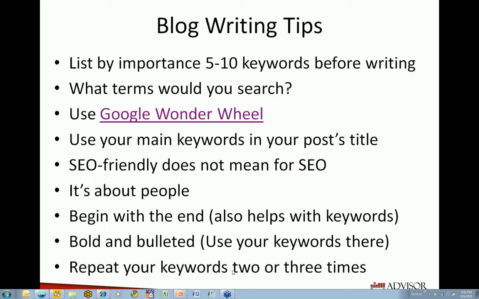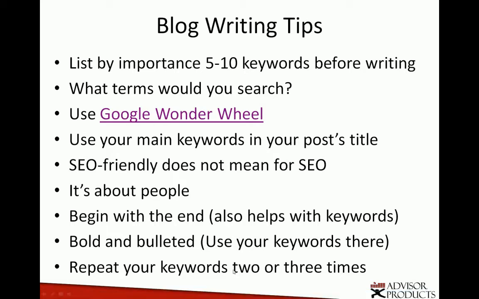And you want to repeat each of the keywords 2 or 3 times at least in the post. So after you maybe have a bullet that says convertible arbitrage, and if that's one of your keywords that you're covering, after that bullet or bold type that says convertible arbitrage, you might want to use that term again in the next sentence.